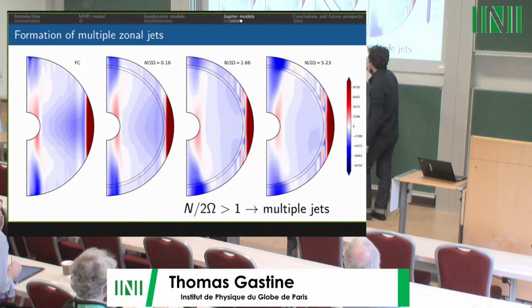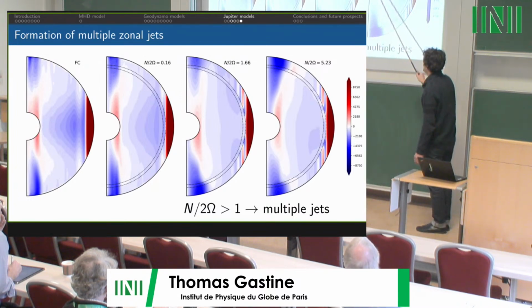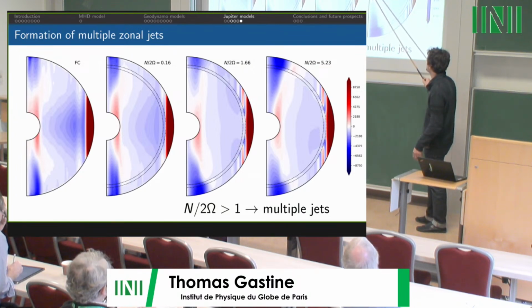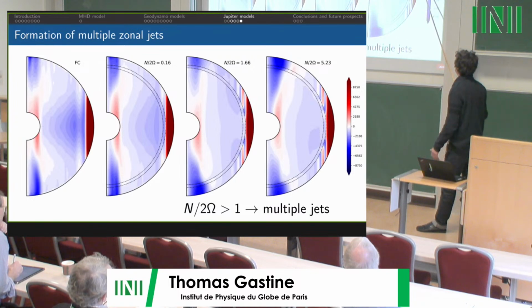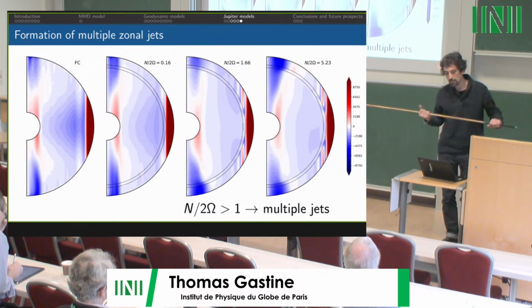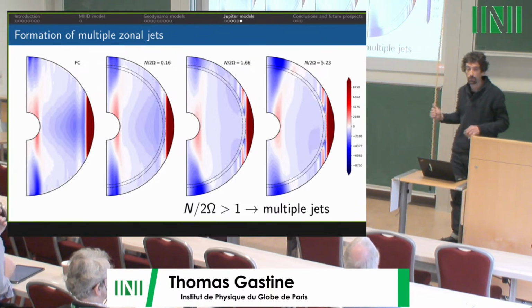And as soon as you incorporate this stable layer, which is shown by this dashed line, and as soon as the degree of stratification is sufficient, then you start to produce faint but alternated jets, successively retrograde and prograde, like here at mid-latitude. And so this is encouraging that maybe this layer is able to help to confine the jets in the external regions.